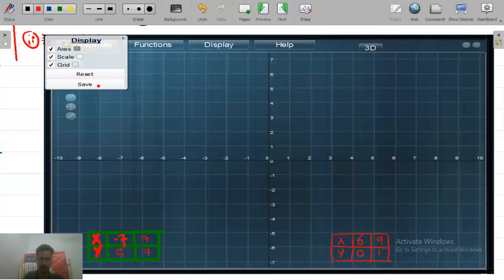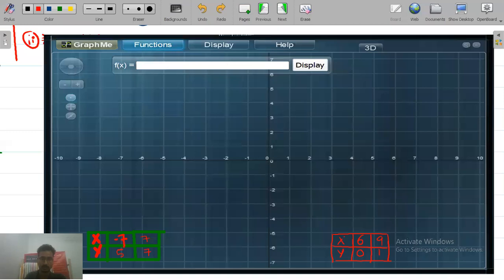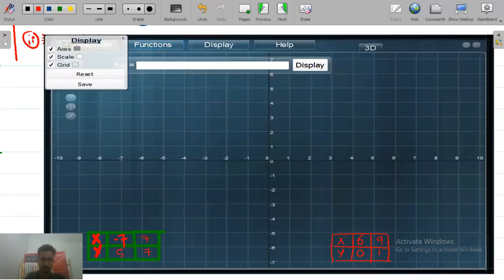So the 5 point will be this one. Yes or no? Now when you plot the values, the value of x is -7, and the value of y is 5. So it will be 5 here. Yes or no? Then your first coordinate will be this one. Yes or no?